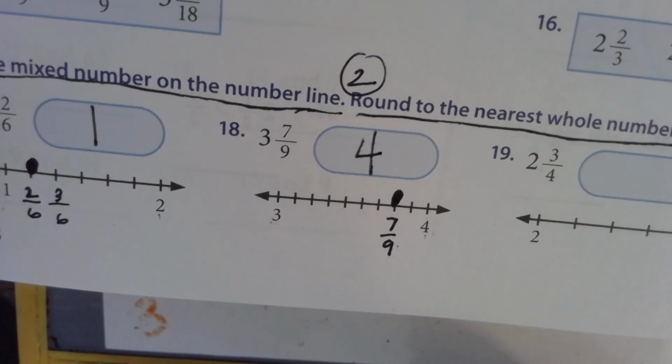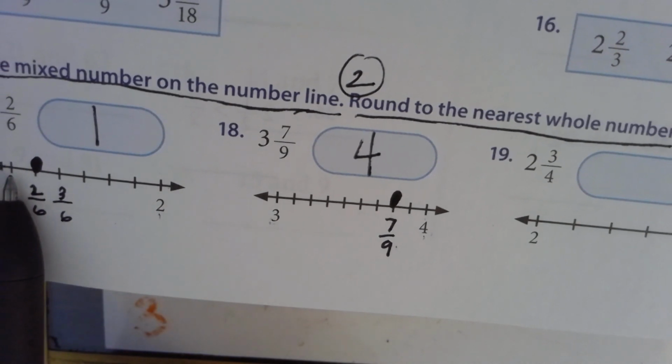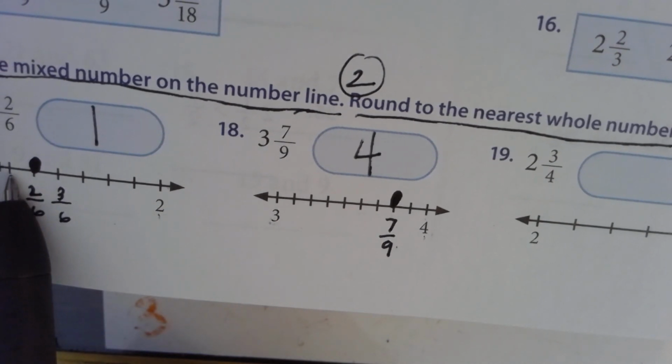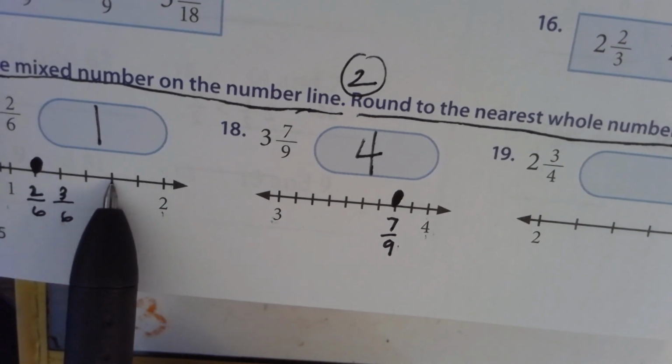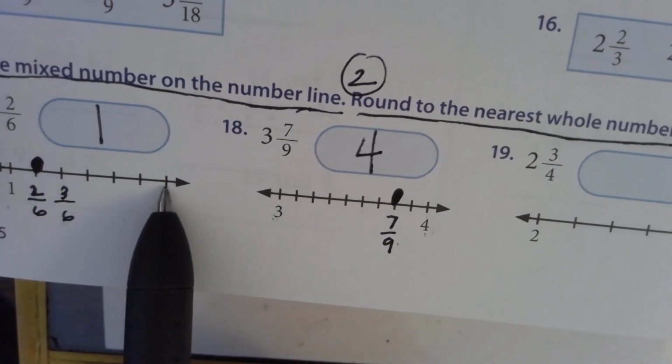I'm sorry, will you start over one more time, a little louder? On the first one, it says 1 and 2/6. What's the dot on the 2/6? If you count the line backward, the 6/6 is the line before this. If I start at the 1, which would be 1/6, that'd be 1, 2, 3, 4, 5, 6.